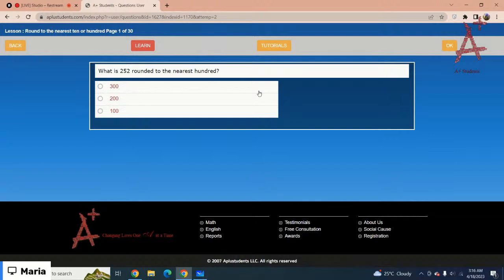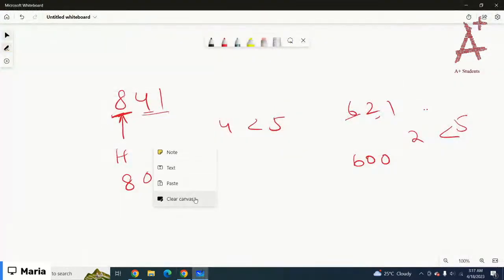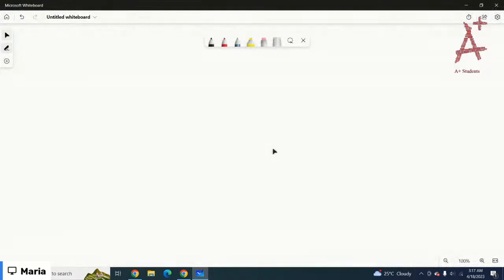252 is rounded to 200? No, it is rounded to 300. Look, in 252, 2 is at the 100 position. Got it? And the very next digit is 5. You have to compare this digit to 5.